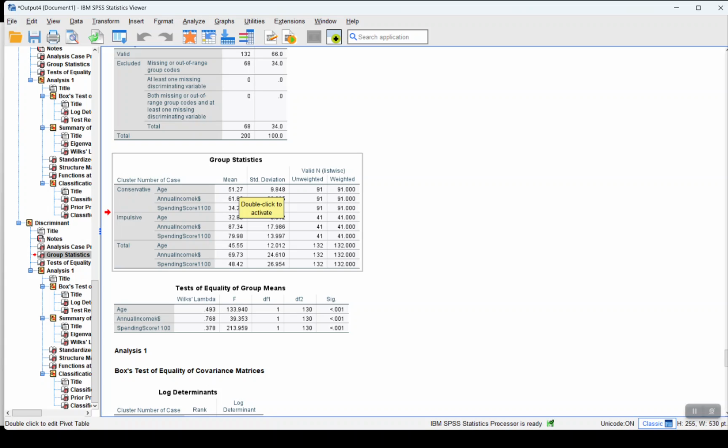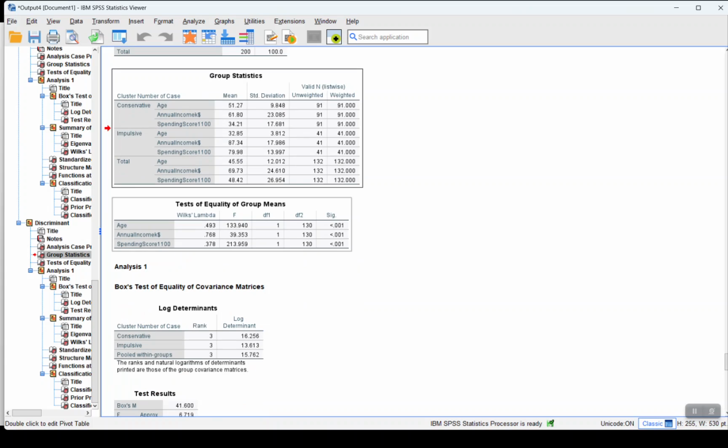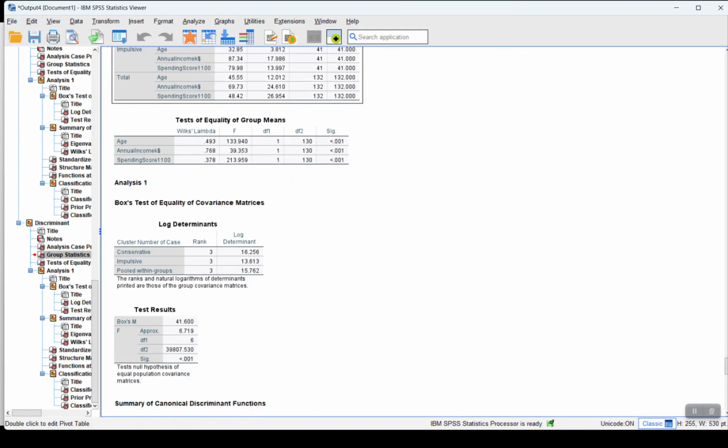So we can easily say that for these conservative and impulsive types, the differences are high and the variables are very different from each other. In the test of equality, we get Wilks' Lambda scores individually. The significance for all of them is less than 0.001, which means it's good. But please do look at the annotated version to understand this better.